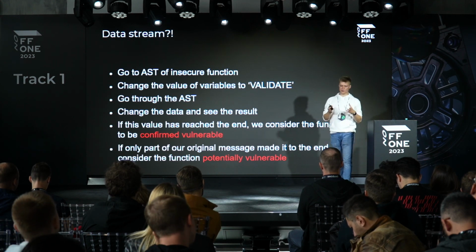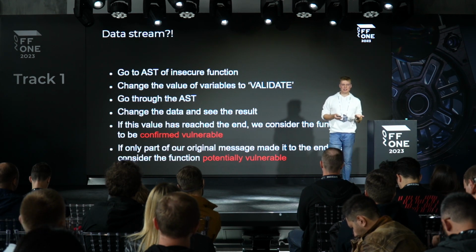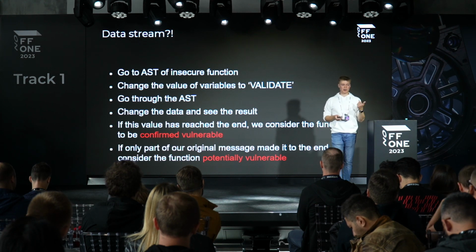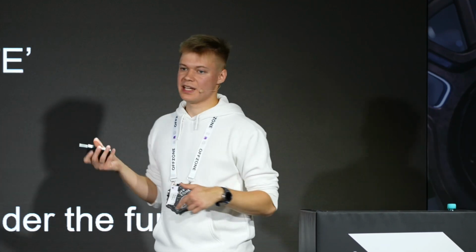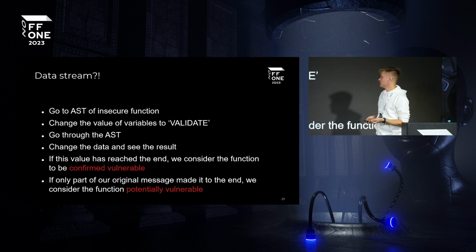If yes, for instance, our function takes some variables as input, then I will set a value, like a validate value, to this variable. Then I follow the AST and I perform all the necessary transformations. If in the unsecured sink I see the same variable, I know it's used there, then this is a guaranteed proof that it contains DOM XSS, and I return a report to the user.